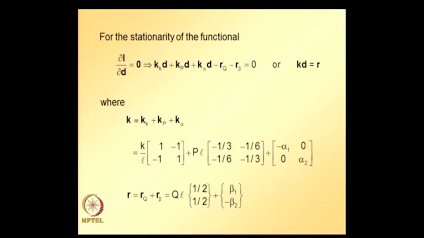Or the solution domain can be divided into a large number of elements, and over each element an average value of these parameters k, p, q can be used, and then we can use these equations.